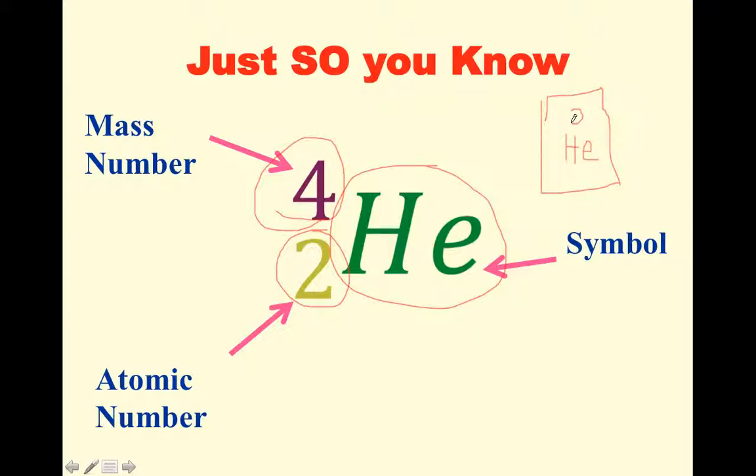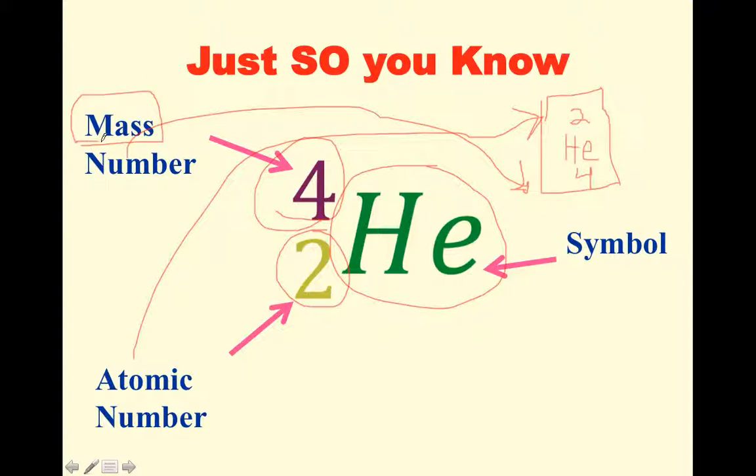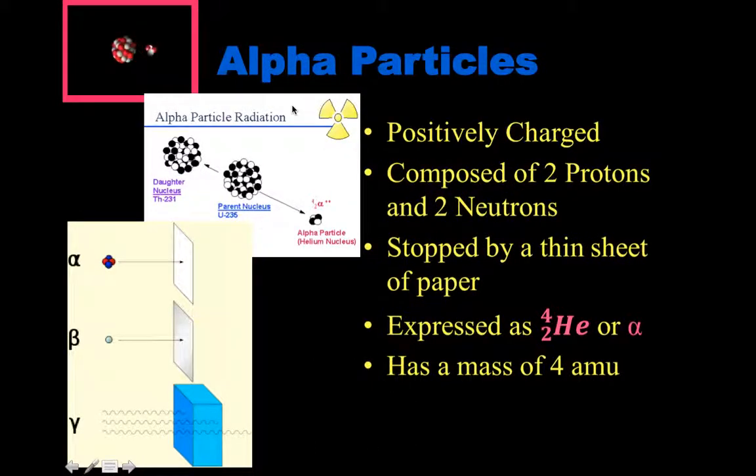You had your atomic number written on the top and your mass written on the bottom. But in this fashion, when you see the bigger number on top of the smaller number, always remember that the bigger number is the mass. It is always bigger than the atomic number. Just to recap.